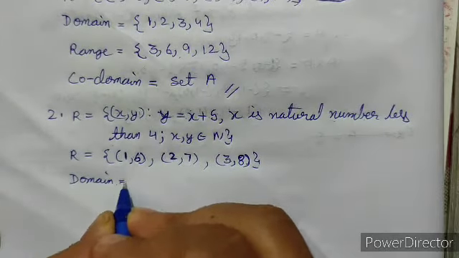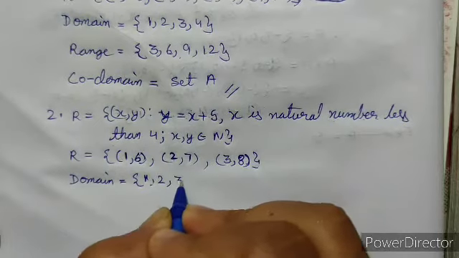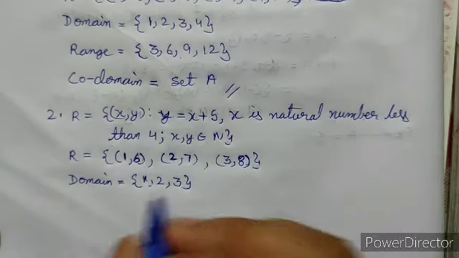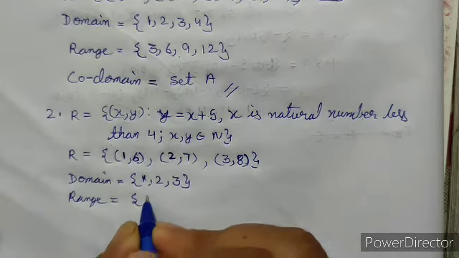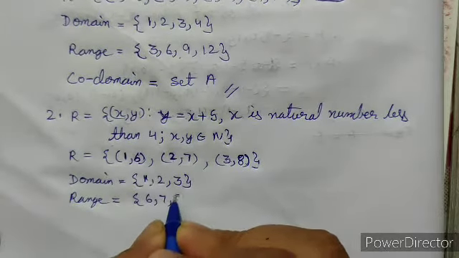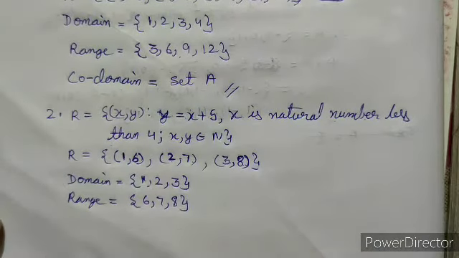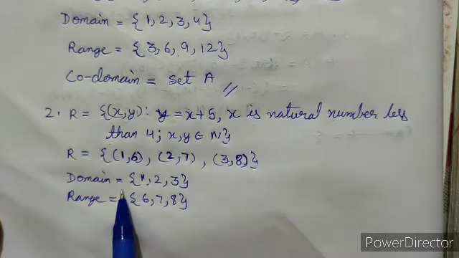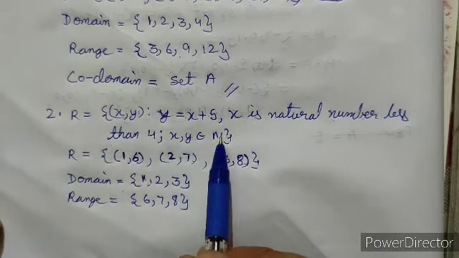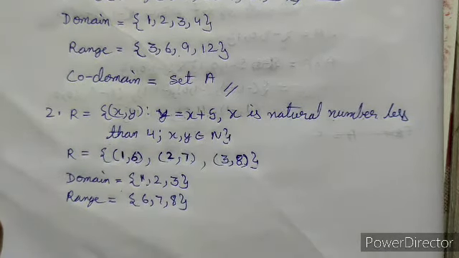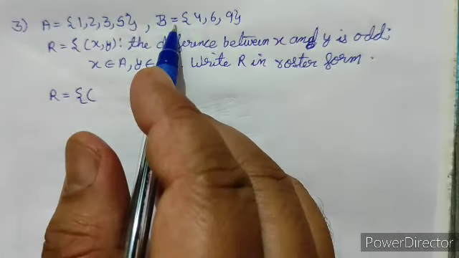The domain will be the set of first elements of the ordered pairs, and these are 1, 2 and 3, and the range will be the set of second elements of the ordered pairs, and that is 6, 7, 8. If we have to find the codomain, then the codomain will be the set of natural numbers as y belongs to natural numbers.